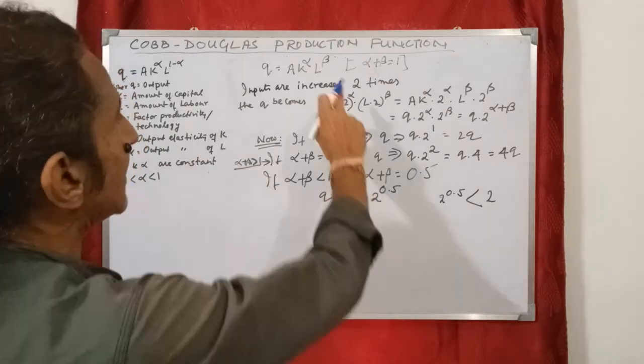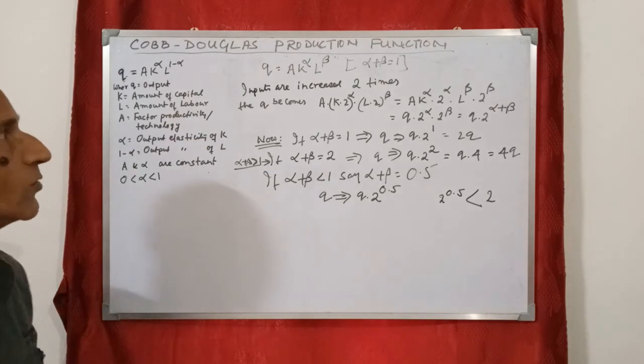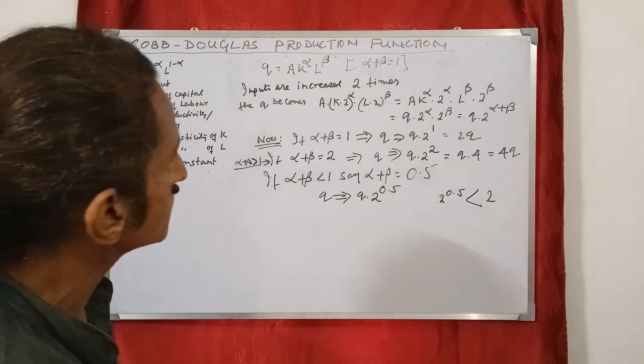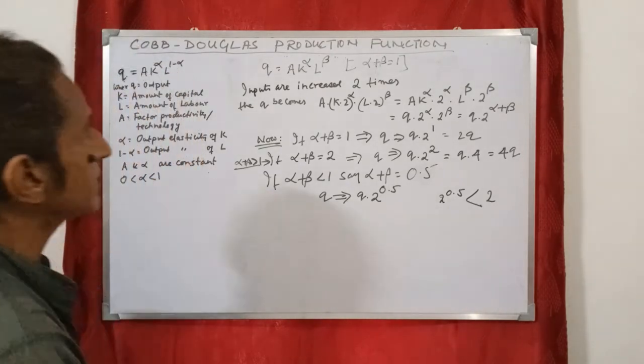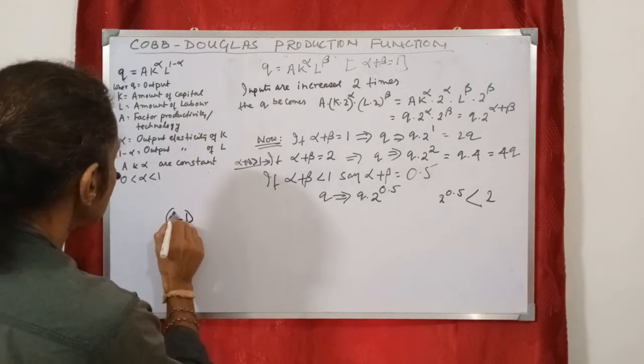So the value of alpha plus beta gives us the return, whether it is increasing return, decreasing return, or constant return. In case of the Cobb-Douglas production function, we write CD in short.